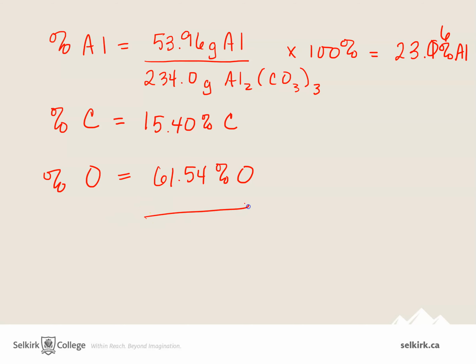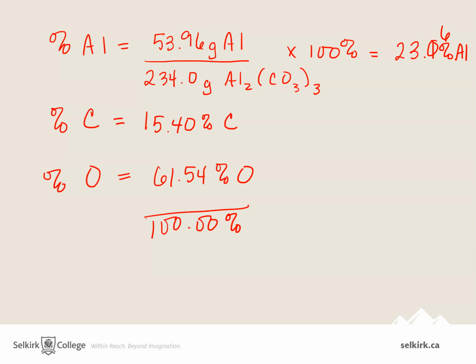So let's just add them up as a kind of a double check. 23.06 plus 15.40 plus 61.54, and I'm adding here, so I'm going to end in the 100th place. Woohoo! We added up to 100%. Now that doesn't guarantee we're right, but it's certainly more reassuring than if it hadn't.